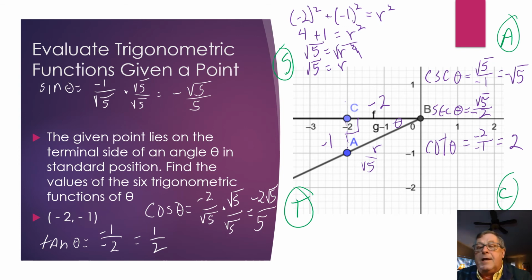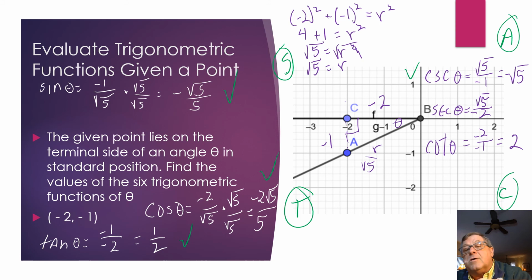And so where is this angle in this case? Well, it's in the third quadrant. So my sine function is going to be negative, which it is. And my cosine function is going to be negative, which it is. But my tangent function is positive, which it is. And then correspondingly, since my cosecant is just a reciprocal of the sine, it's negative.